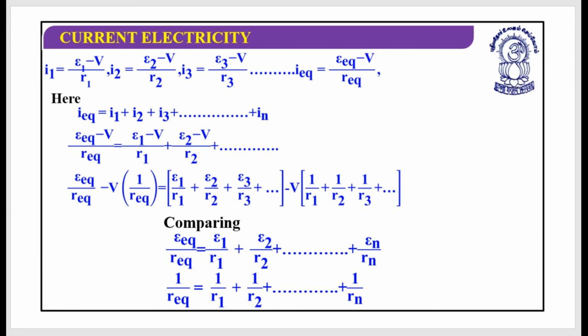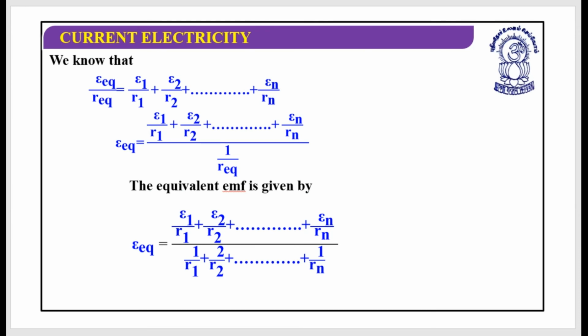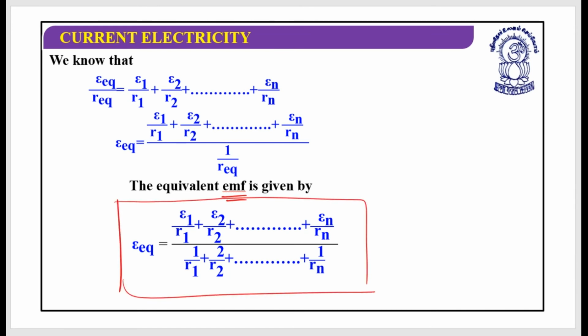In the next slide, I have written the solution of this. It's I1, I2, I3, and so on up to In. And while solving this, I have this relation for E equivalent. The equivalent EMF can be calculated as E1 by R1 plus E2 by R2 plus E3 by R3 up to En by Rn, divided by 1 by R1 plus 1 by R2 plus 1 by R3 up to 1 by Rn.